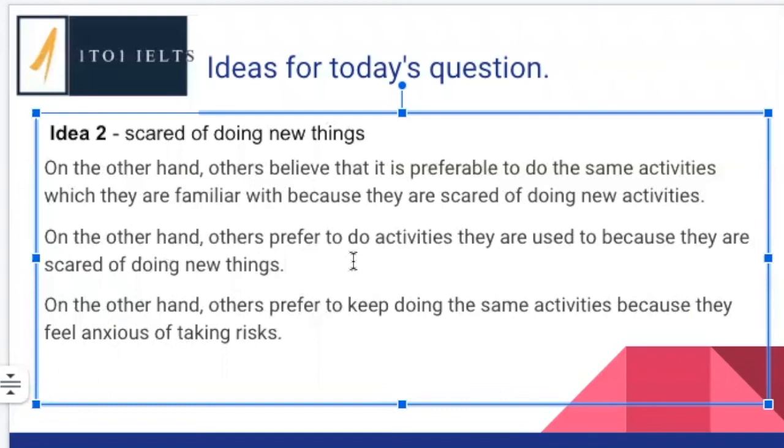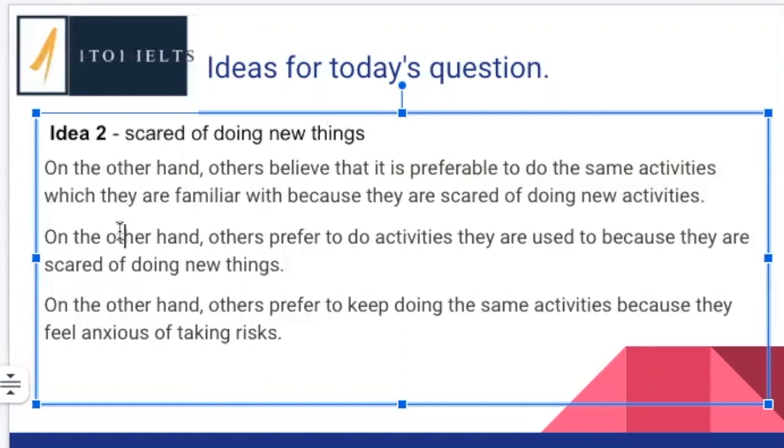So what did we learn today? Let's have a quick recap of things that we need to put in our topic sentences. So we want to start a topic sentence, how? On the one hand, something. So we want to have some kind of signposting to indicate that it is a discussion essay.